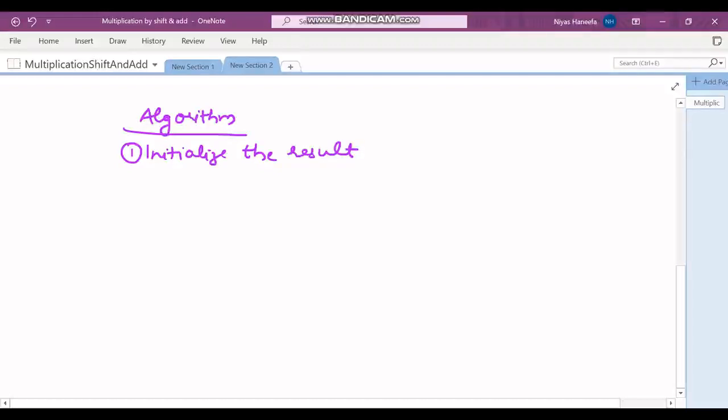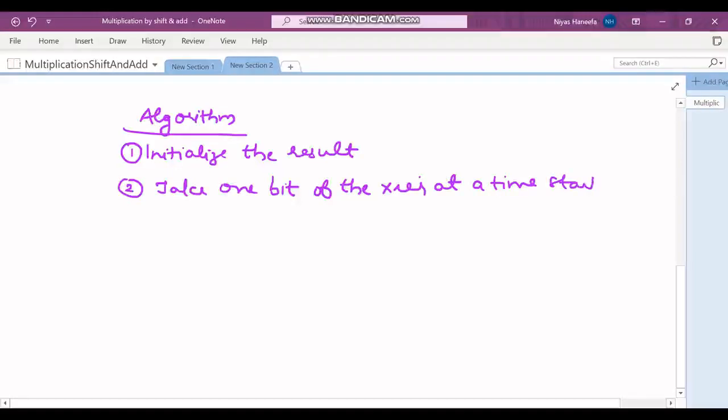If it is 8 by 8 multiplication, you will have 16 bits allotted to 0, that is 2 bytes. You will initialize the result. Then take 1 bit of the multiplier at a time, starting from the LSB, the least significant bit.